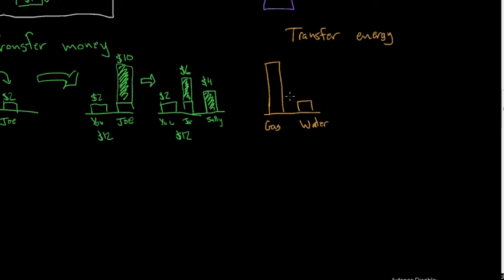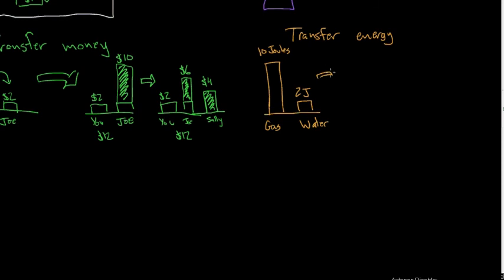First of all, we're going to need a way to measure how much energy we have, just like we say dollars is the amount of money. Scientists use an amount that's called joules. It's spelled like this, but pronounced like jewel, you know, like a diamond or a ruby. So the gas has 10 joules, and let's say the water starts with 2 joules. We often just use the abbreviation J.